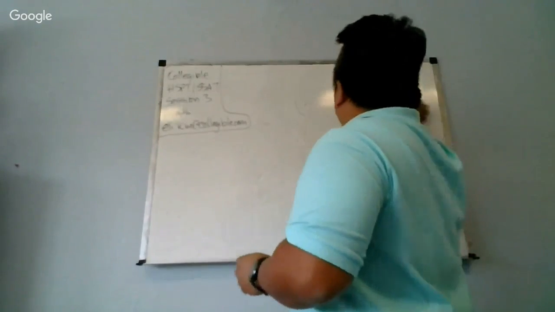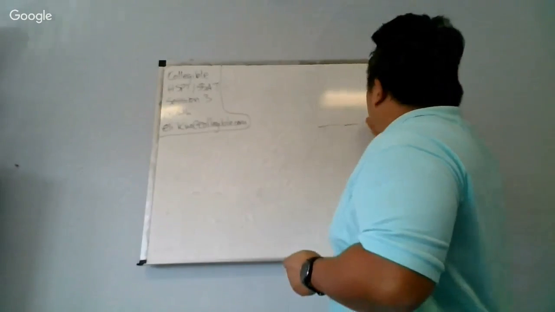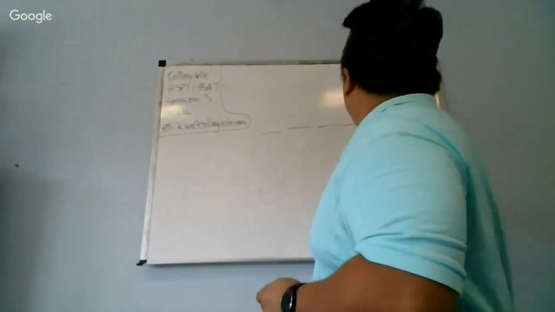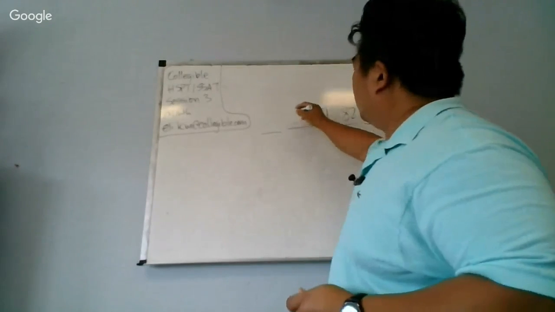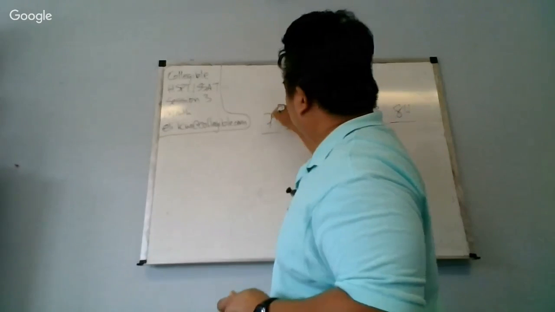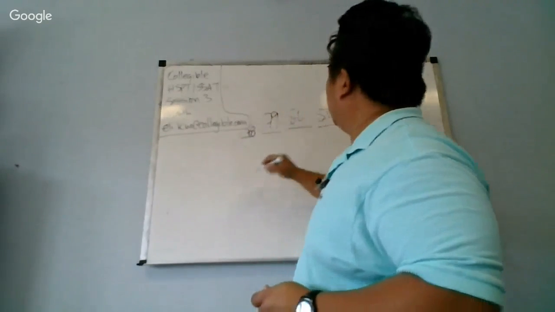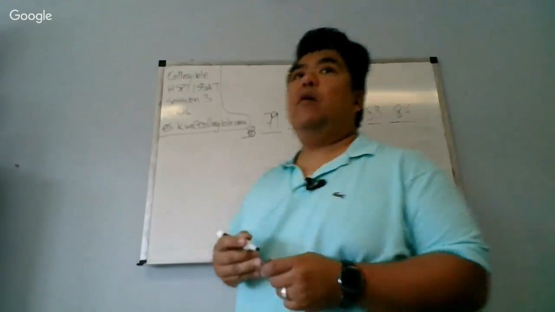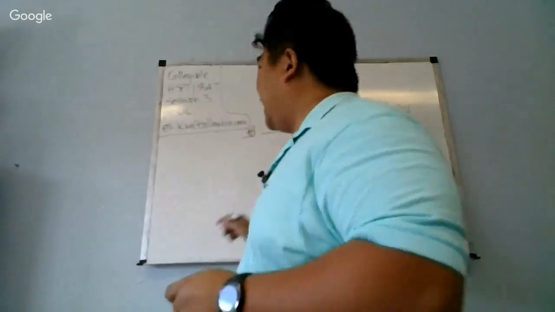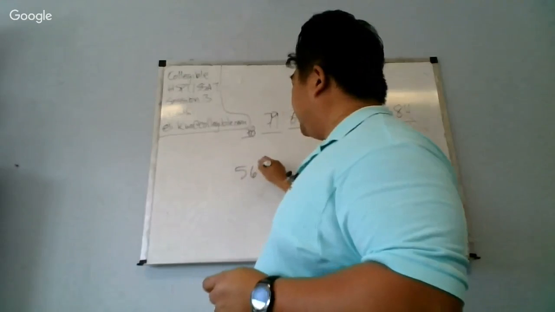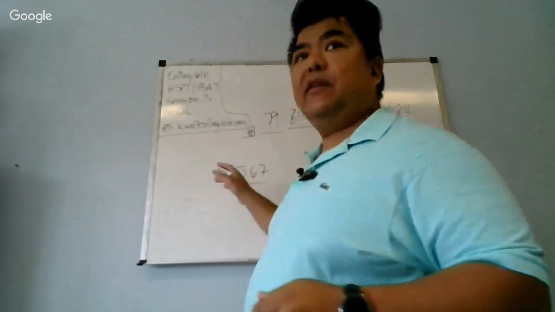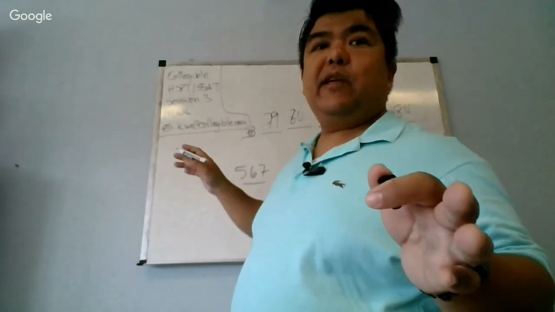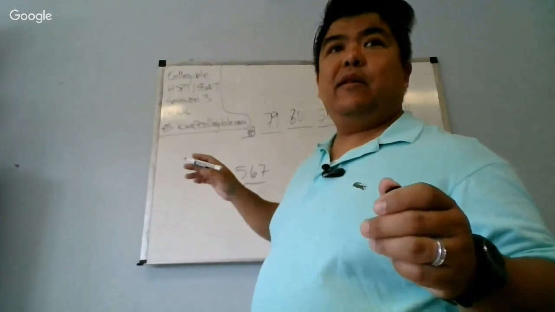So, consecutive and 84 is the highest one. You add 84 plus 83 plus 82 plus 81 plus 80 plus 79 plus 78, and it equals 567. Wow, she added it up. 567 divided by 7.